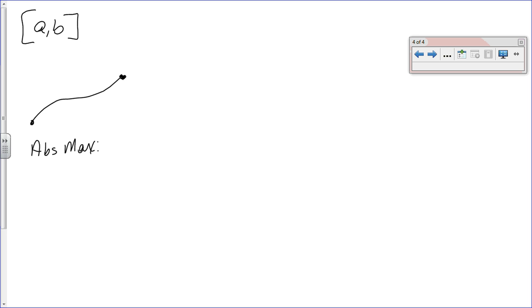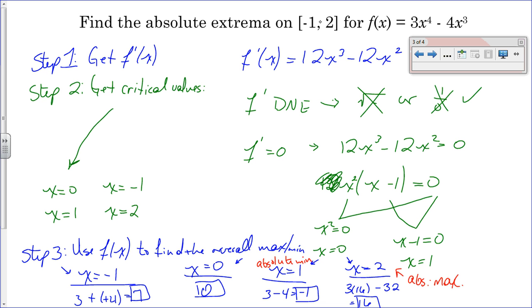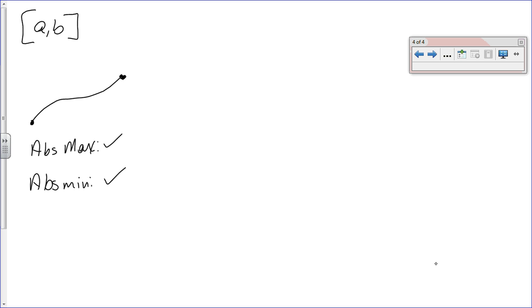It's going to be right here. Are we going to have an absolute min? Well, yes, we are. Same thing there. So when your interval's closed on both sides, you have both a min and a max, like we found here. It was closed on both sides, so we have a min and a max.